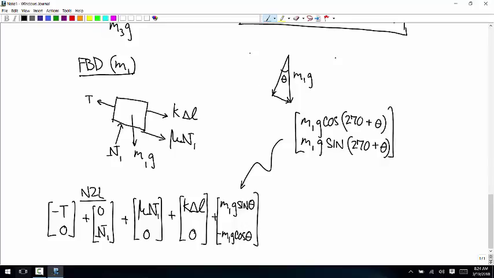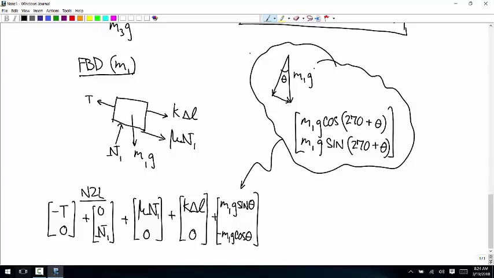And so now just use SOHCAHTOA and you can figure out what those two components are. So that's how I got that. And all this is equal to the mass M1 times the acceleration A.